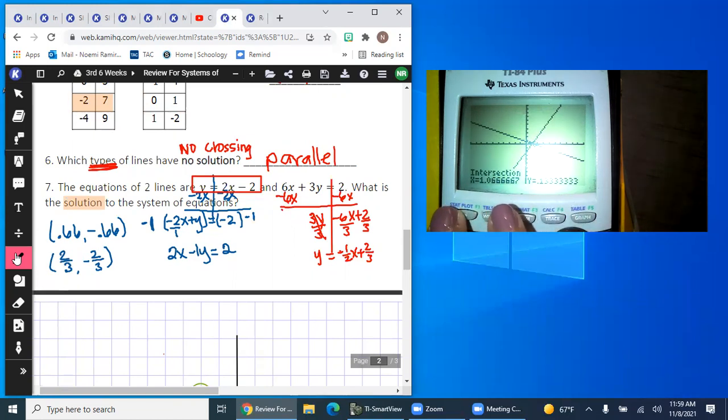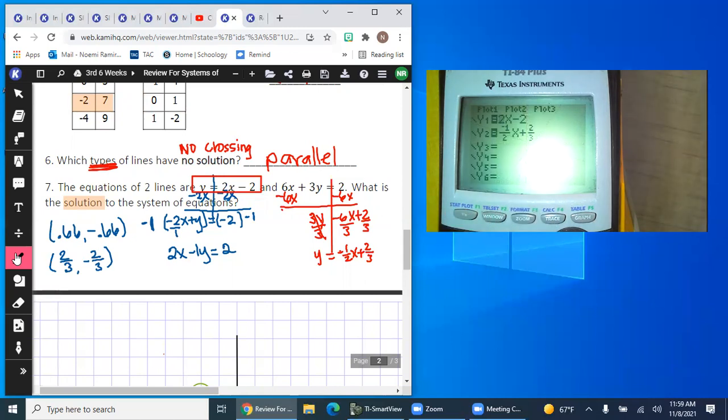Let me look. 2x minus 2, negative 1/2. Oh, that's why. I'm sure somebody noticed that. Negative 6 divided by 3 is actually negative 2, not negative 1/2. Let me switch this back. Cool, delete. All right, so negative 2x plus 2/3. My bad. Wait for that to graph.